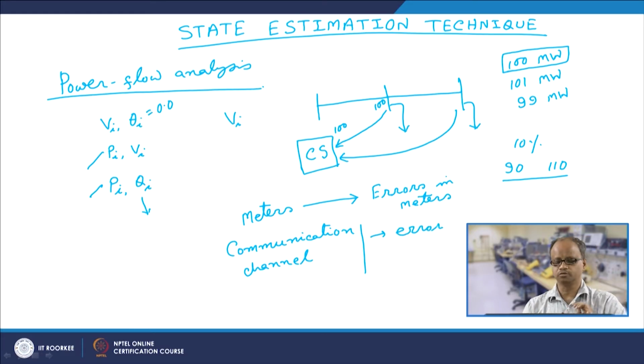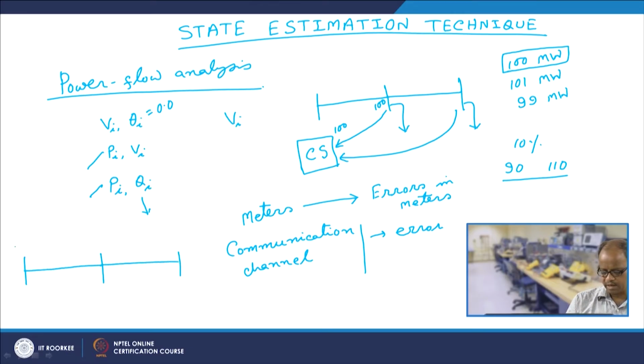So, whenever we are trying to measure any values, let us say injected power values, by using meters, these values which are ultimately being transmitted to the control center may contain a very large amount of error. Now, the natural question is, in the last lecture we took this 3 bus system.